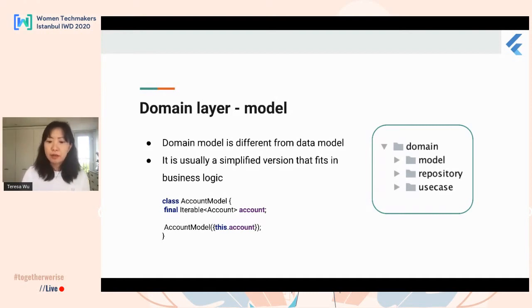So as we discussed already, domain model is different from DTO, and it's structured to suit your app logic, not what your backend is. A domain model isn't just a plain data holder anymore, not like your DTO. It actually contains data and some actions and some behaviors. For example, like a null check.